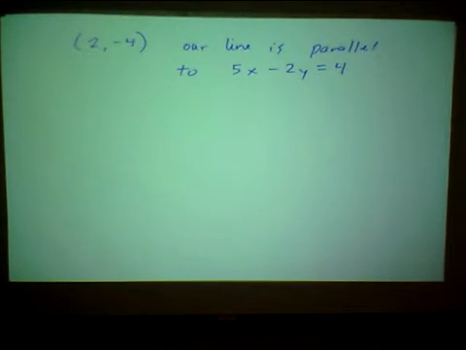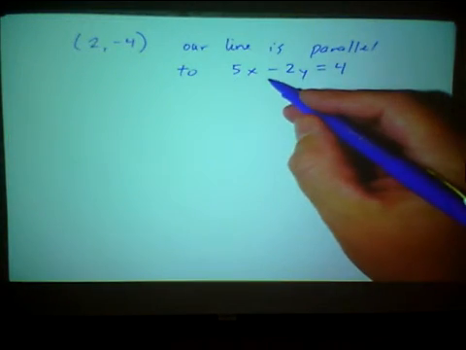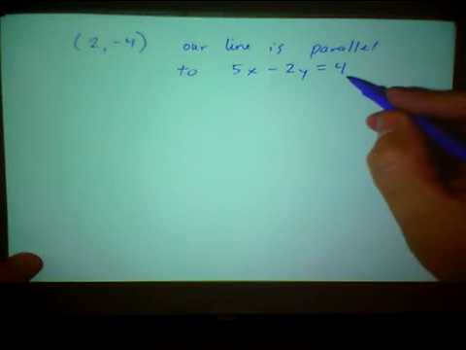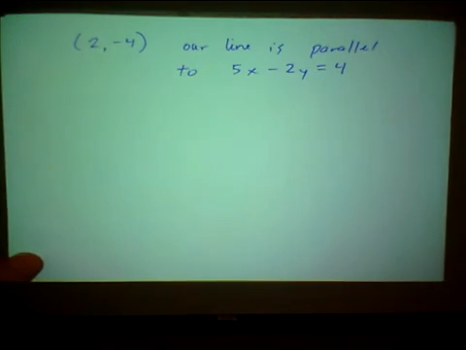For the most part in class, we were just finding the equation of a single line. But now we have these kinds of problems where they actually give us two lines. So here's a line, 5x minus 2y equals 4. Now the line we're trying to find the equation for is parallel to this line and includes the point (2, -4).